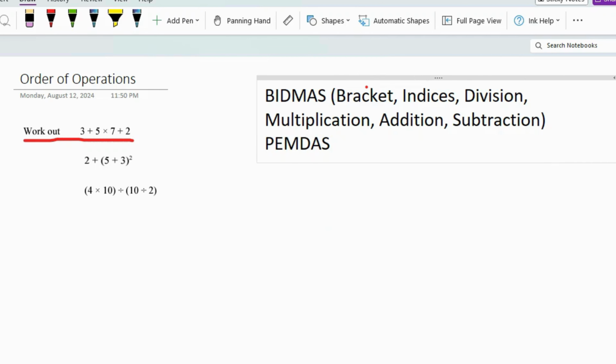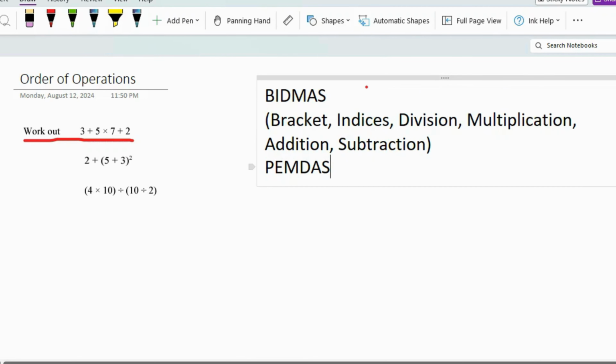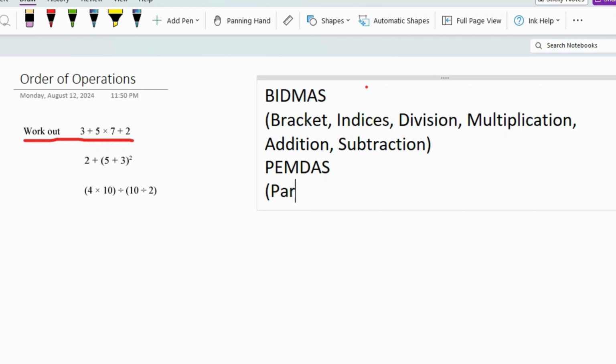This is how you need to solve the question. First, you have to start with the brackets, then go with the indices, which are exponents, then division, multiplication, addition, and subtraction. And as PEMDAS is described, P stands for parentheses.